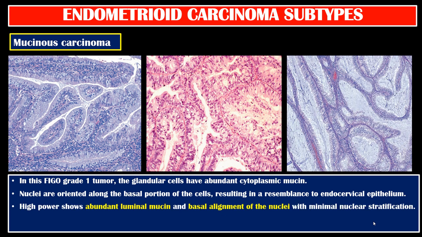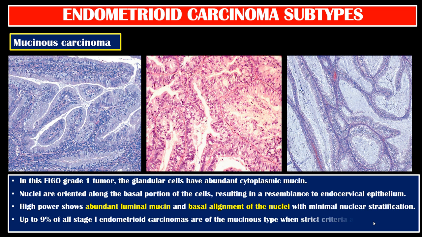High power shows abundant luminal mucin and basal alignment of the nuclei with minimal nuclear stratification. Up to 9% of all stage 1 endometrioid carcinomas are of the mucinous type when strict criteria are applied.